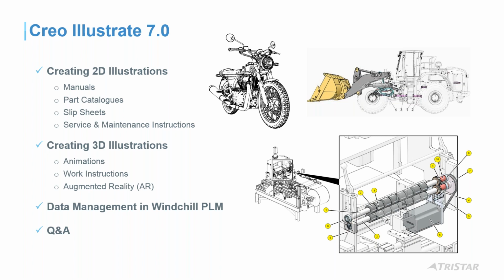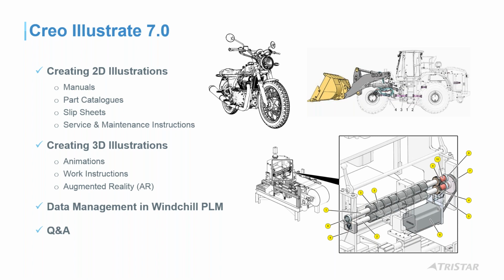It could be used to create illustrations for things like part catalogs, illustrated parts lists. It could be used for things like slip sheets and warranty sheets and change information, and also provide service and maintenance instructions for both technicians in and out of your company.